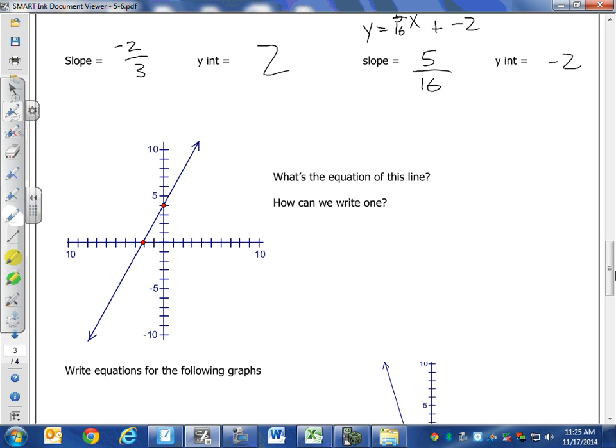Yep. Careful, you're running 2 there. That's how you simplify this.